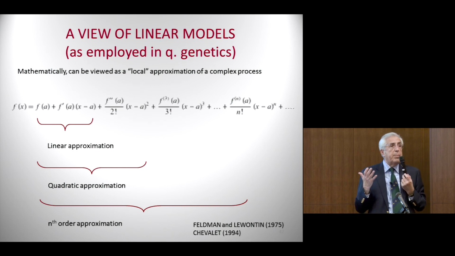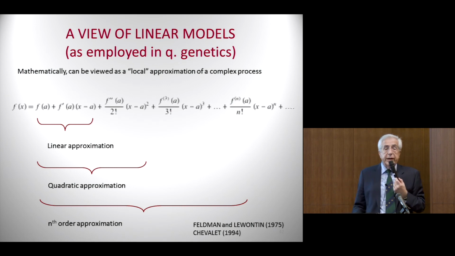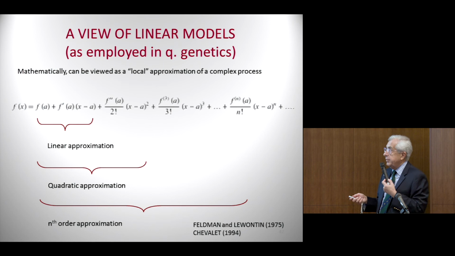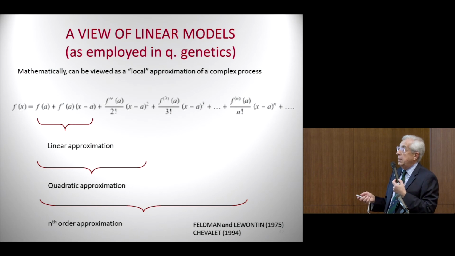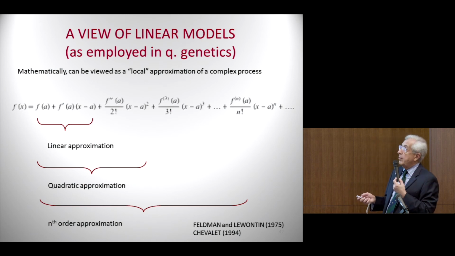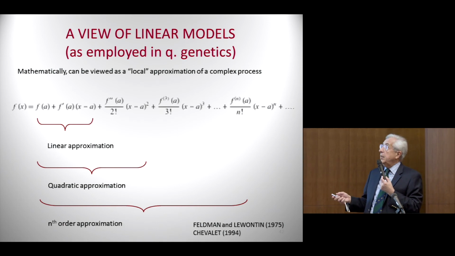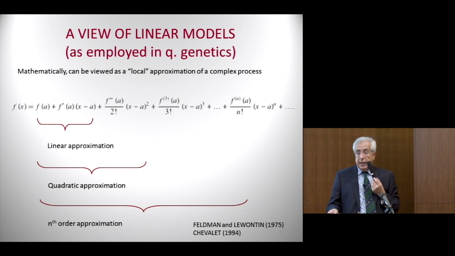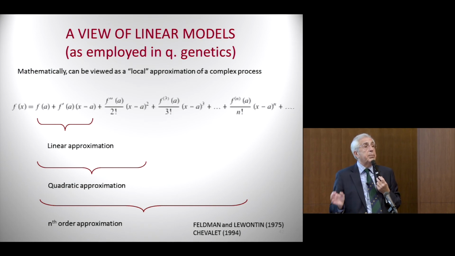So what's happening statistically? Well, if you remember your basic mathematics, in calculus, there is something called the Taylor series expansion of a function. You have a function, you expand it by using a linear term, a quadratic term, a cubic term, an nth order term, and quite often, near this point of the expansion, the linear function does a very good job, and that is essentially what's happening.